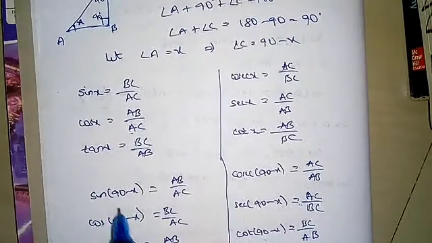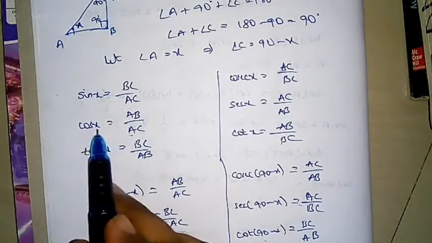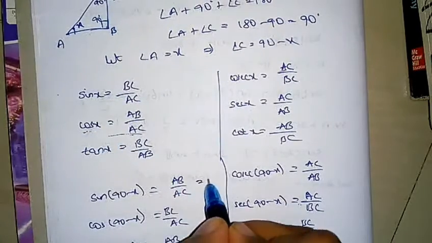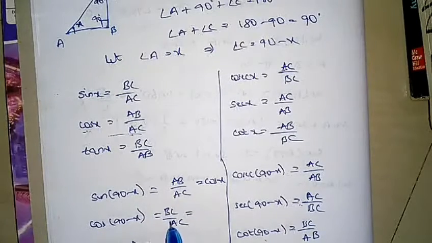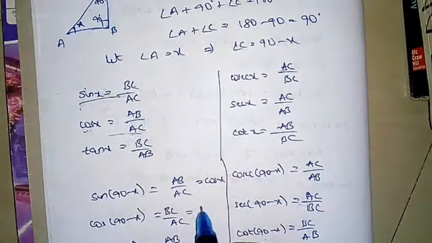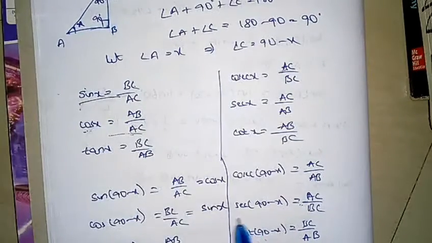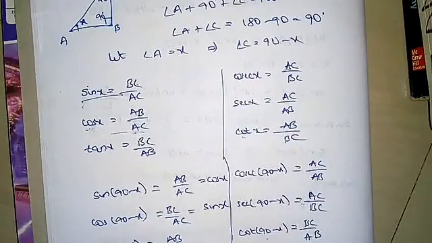If you observe here, sin 90 minus x is AB by AC, which is equal to cos x. Cos 90 minus x is BC by AC, which is equal to sin x. Tan 90 minus x is AB by BC, which is equal to cot x.